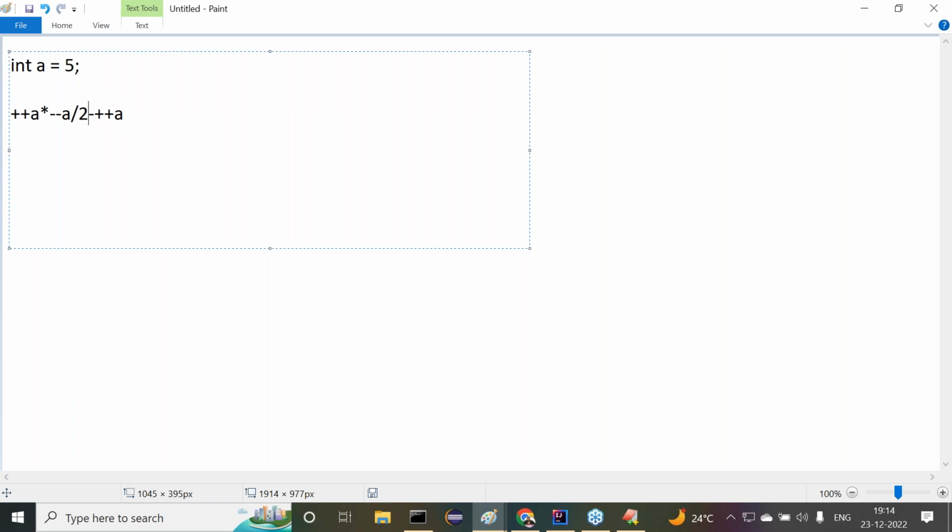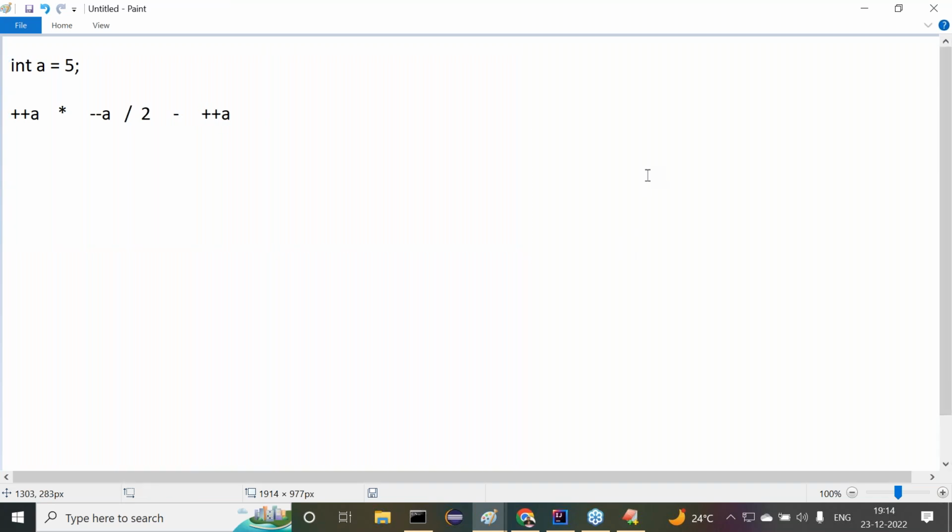Then the expression is available here: ++a * --a / 2 - ++a. Here we have to separate this expression in this way.